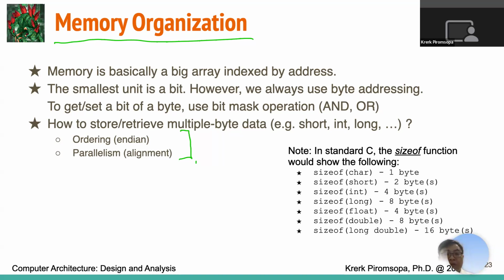All right. Well, we know that 1 byte has 8 bits, and some kinds of variables are multiple-byte variables.